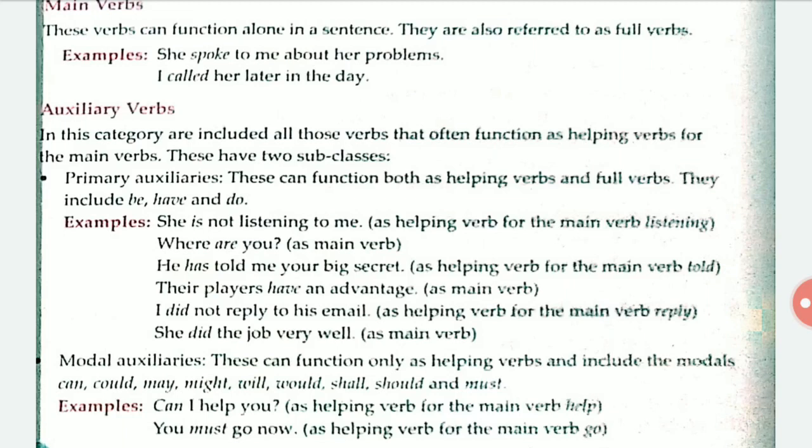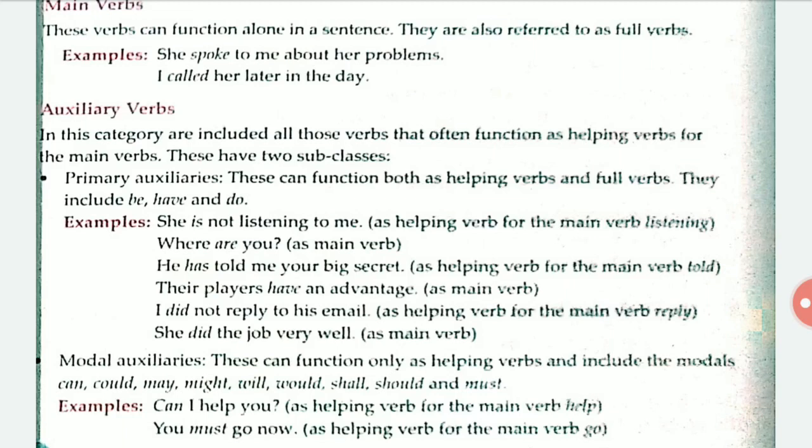She did the job very well. Here did is working as a main verb. You can understand the difference between how primary auxiliary verbs are being used. They can be used as a helping verb or as a main verb in a sentence, and they are be, have and do.